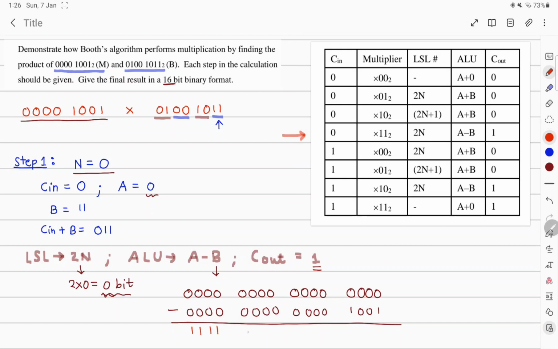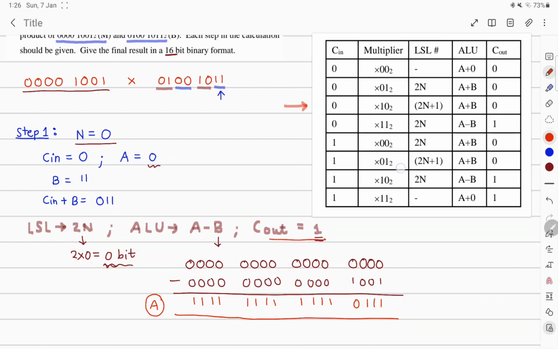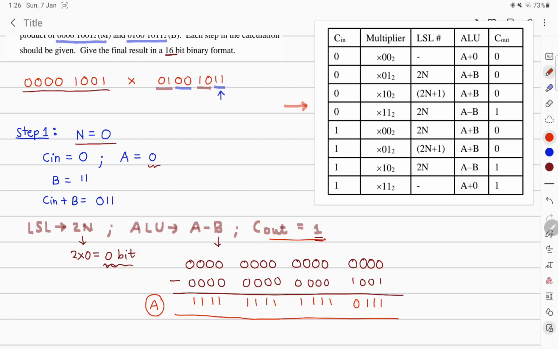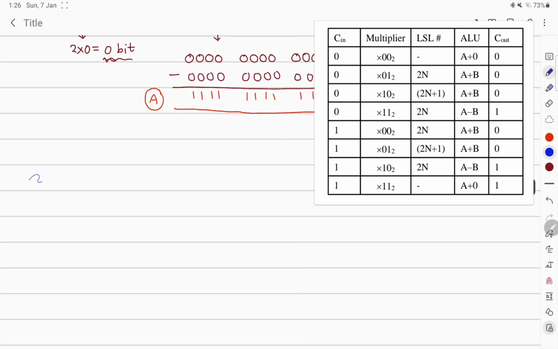So it will be 1111111111110111. Now this will be your A for the next iteration. Let us take C out 1, which will be C in for the next iteration, and this is A for the next iteration. So this is your step number 2.